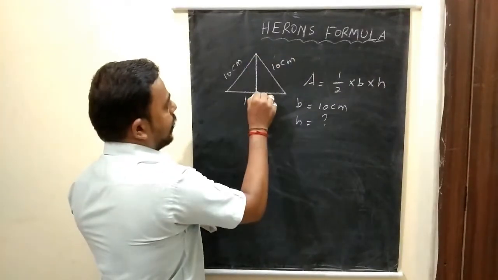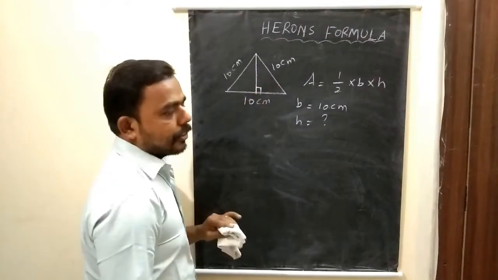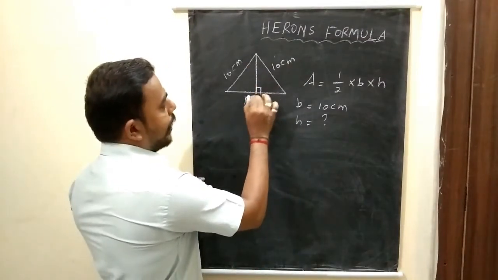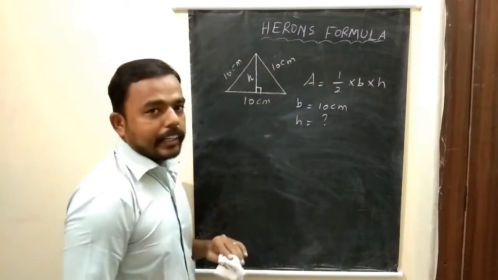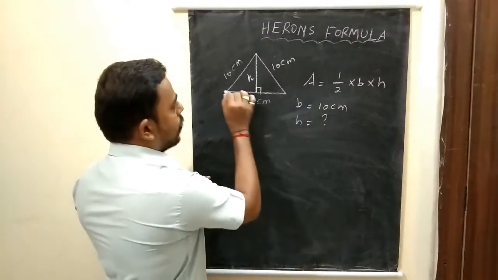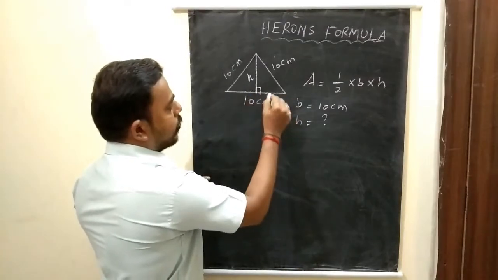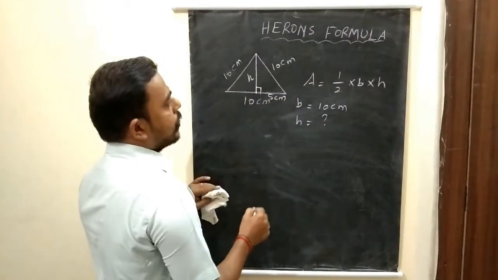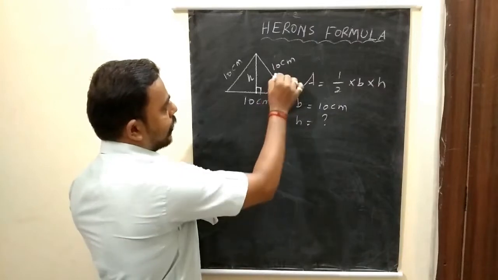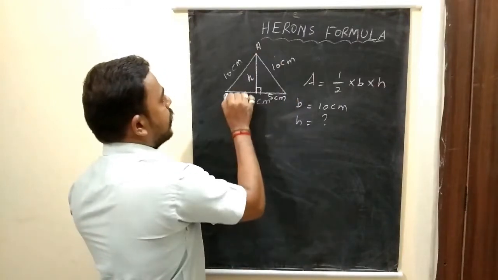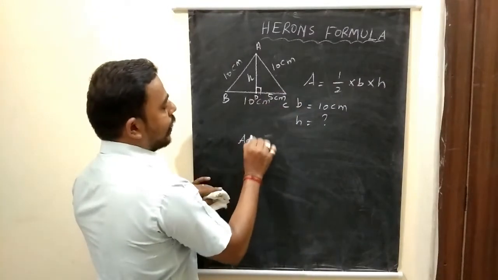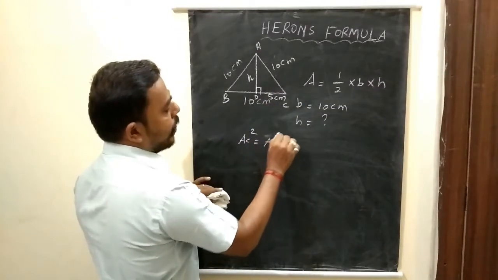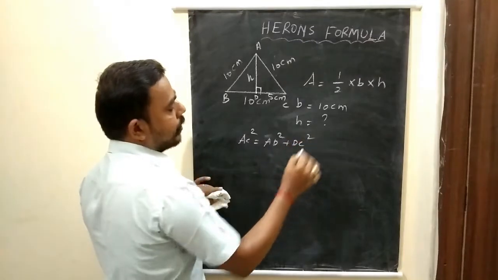Suppose this is our height. It meets at 90 degrees. Then we are going to find the height by using the right angle triangle form. This is the midpoint of this line, so it is 5 centimeter. Here the side is 10 centimeter, with vertices A, B, C and the foot of the height D. In the right angle triangle, AC squared equals AD squared plus DC squared.